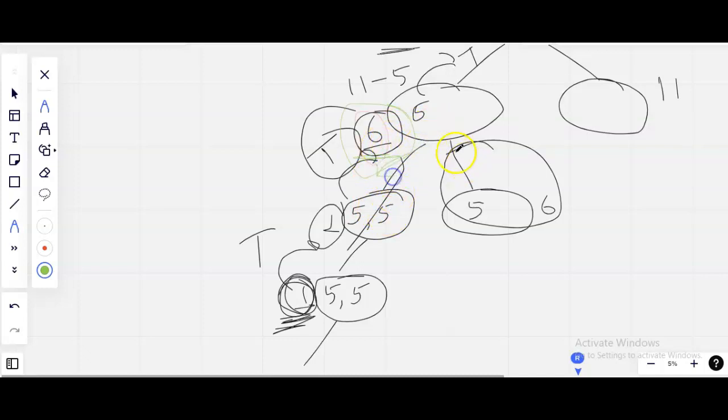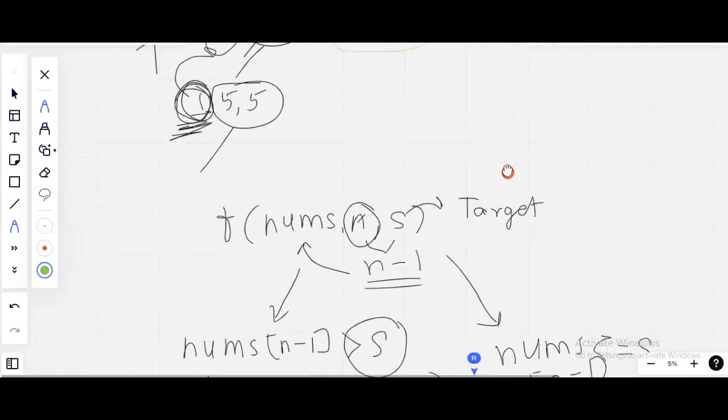We made two choices, either to take 5 or not take it, correct? And we have written that if it is possible from here or from here, right? If we could find one of the cases in any one call, we are good, correct?